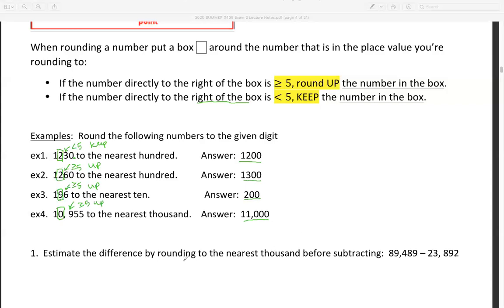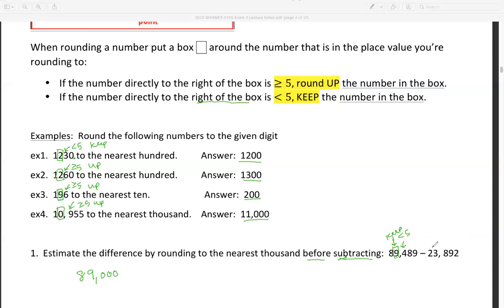All right, here they want us to estimate the difference between these two numbers by rounding to the nearest 1,000 before subtracting. Okay, so the 9 here is in the 1,000 place. The number to the right of that is less than 5. So we're going to keep the number in the box. So that's going to give us 89,000.